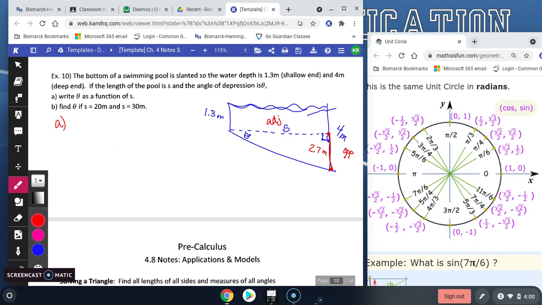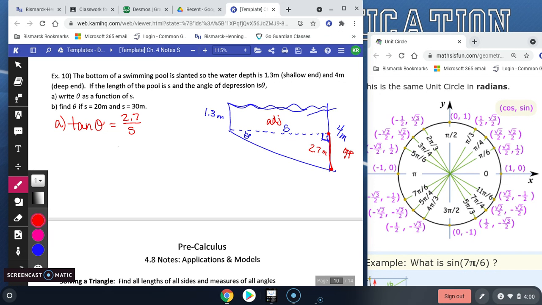So for A, theta is a function of S. I can go tangent of theta is opposite, 2.7, over adjacent, which is S. Right now, this is written as a function of theta.